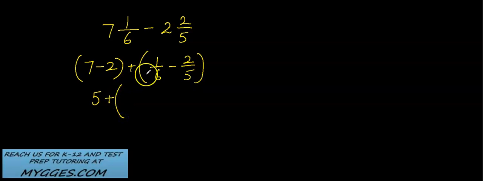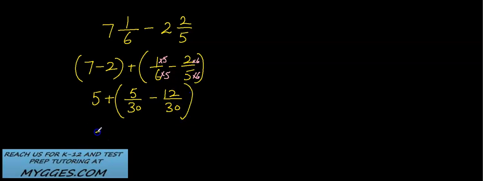And then to solve 1/6 minus 2/5, we multiply the first fraction by 5 and the second by 6. So that would be equal to 5/30 minus 12/30, which will be equal to negative 7/30.